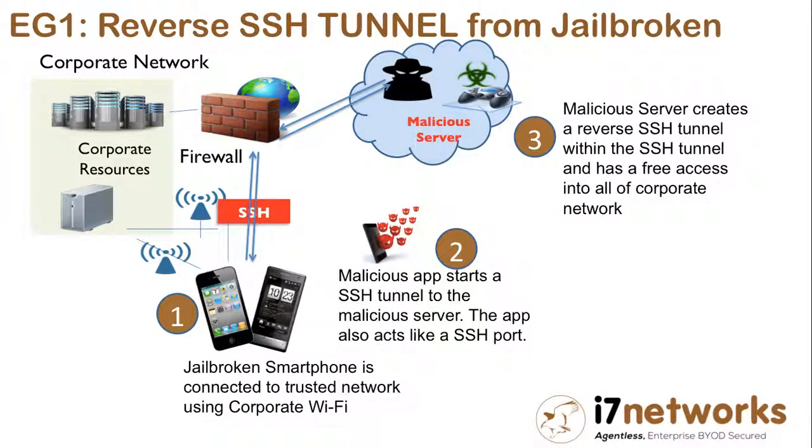This is the first example, what we call a reverse SSH tunnel from a jailbroken device. A jailbroken device gets into the network and connects to your corporate resources because it is already inside the network.